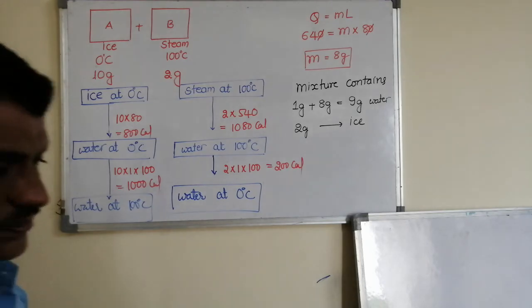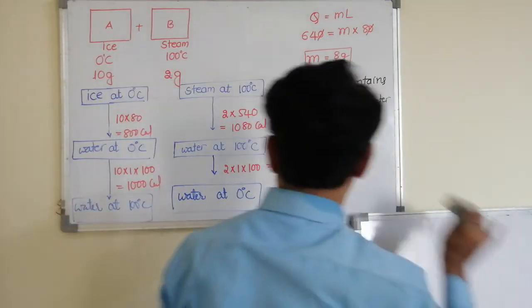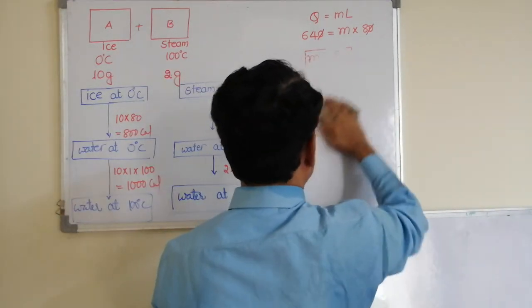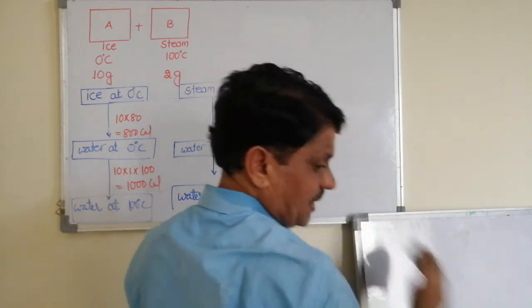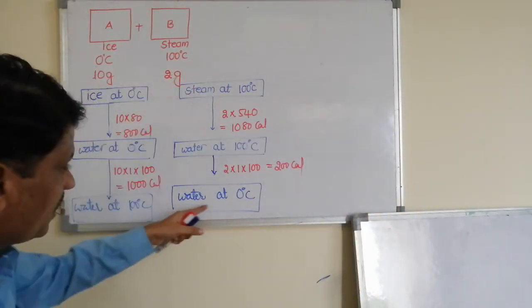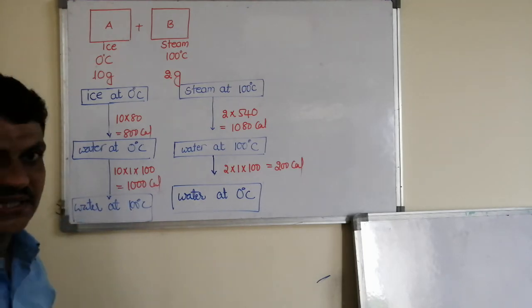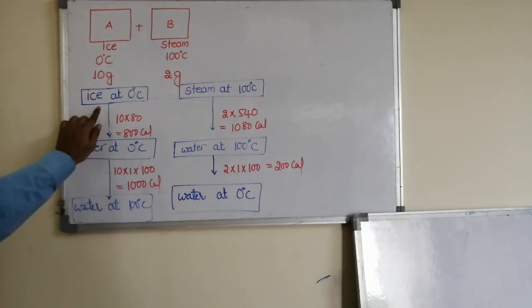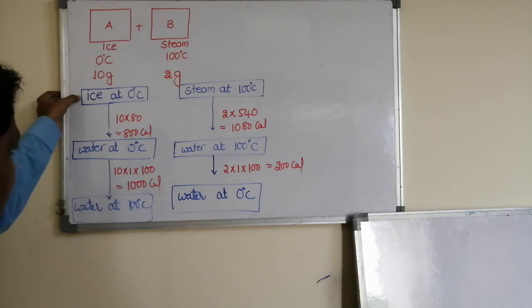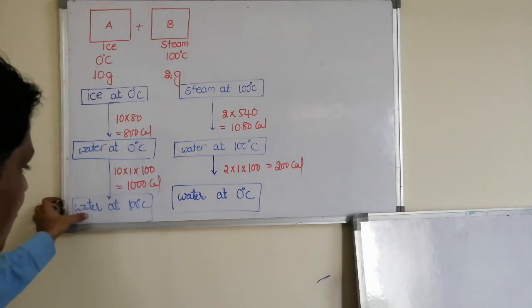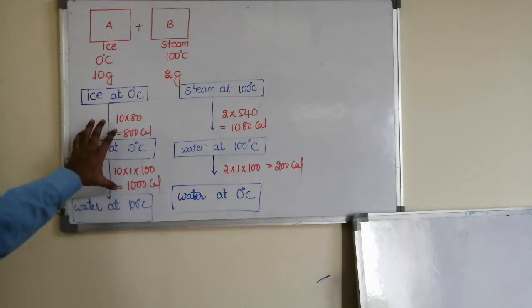It's clear that from this, when I bring both the mixtures to a same state, I brought steam to water at 0 degrees Celsius, ice to water at 0 degrees Celsius. To convert ice at 0 degrees Celsius to water at 100 degrees Celsius, we need 1800.